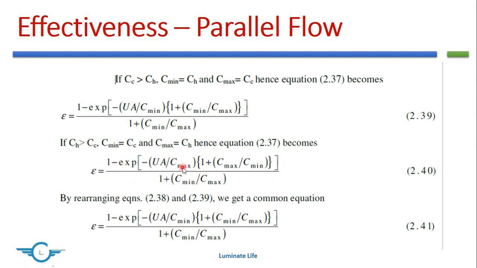If we modify this equation slightly, where we take out Cmax or try to make it similar to this one, we will find that both equations are similar. So by rearranging, we will get a common equation of this form. Here you can see some peculiarities. There is a term UA by Cmin, and then there is a term Cmin by Cmax.